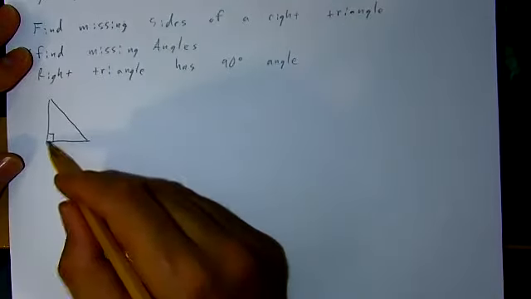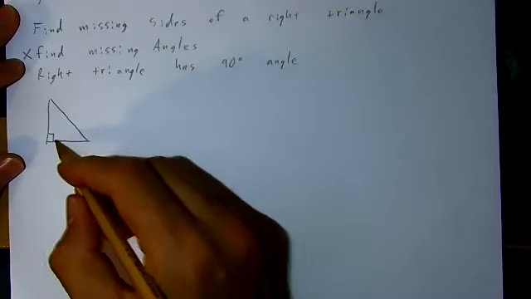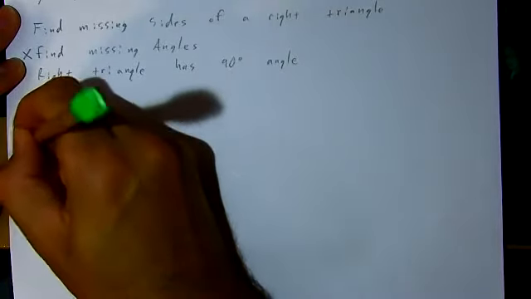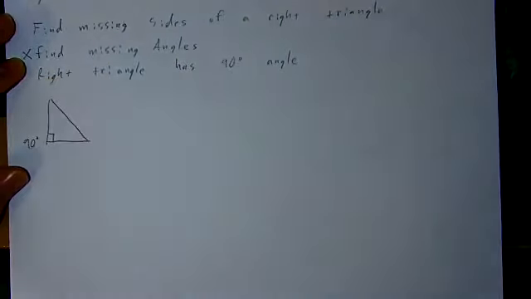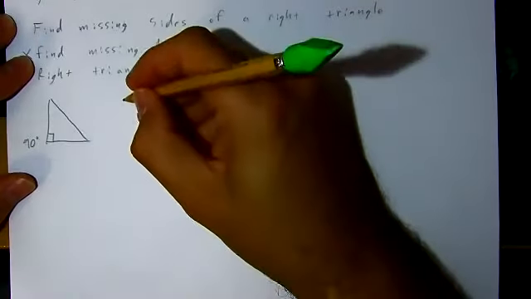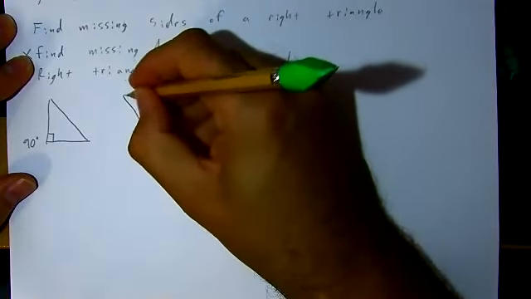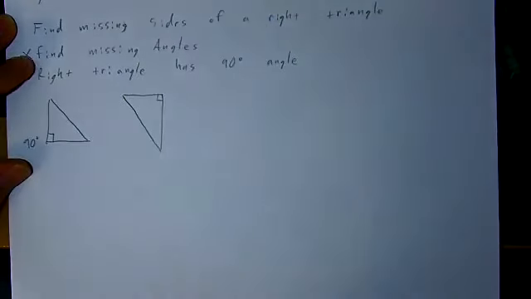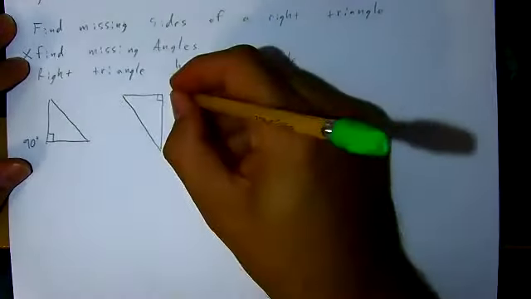So there's your right angle. It's usually drawn with a square. They're not always going to tell you that. Sometimes you have to assume it. But it means 90 degrees. Now, it doesn't have to be drawn in that direction. It can be drawn in any direction. The only important thing is that it has that 90-degree angle.